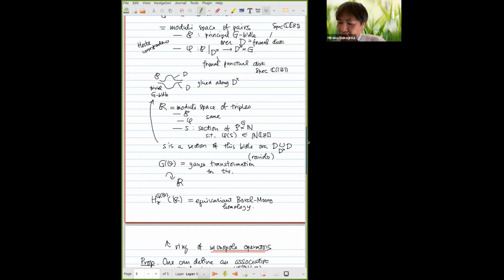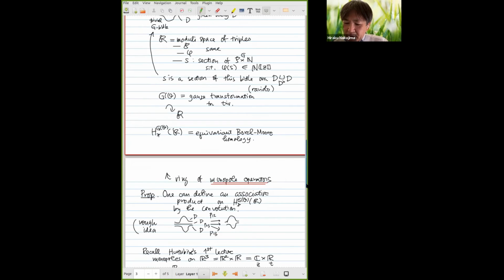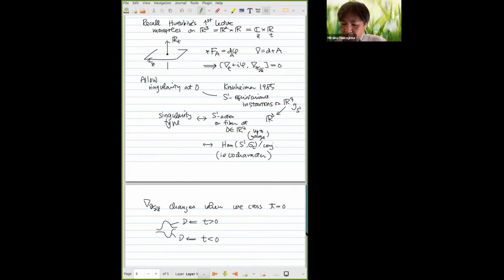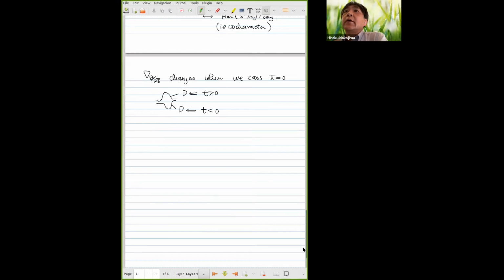I will explain the example, but so far the construction is arbitrary. You don't need to assume G to be a product of unitary groups. So this equivalence, I hope now you understand.